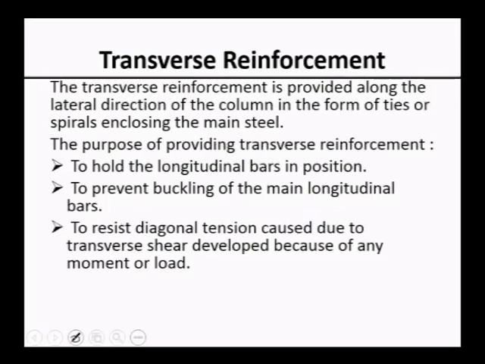If any movement or cracks develop, those cracks will be controlled by this transverse reinforcement, just like shear reinforcement. One more important purpose is to impart ductility to the column, to resist forces due to fatigue or impact loads and also seismic loads. It will give the ductility.